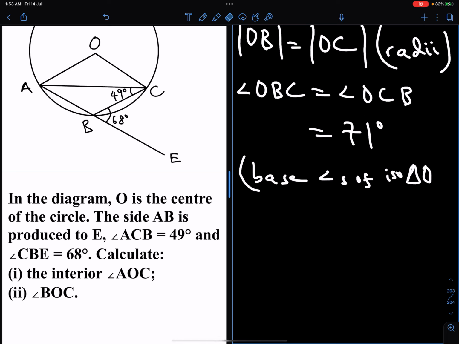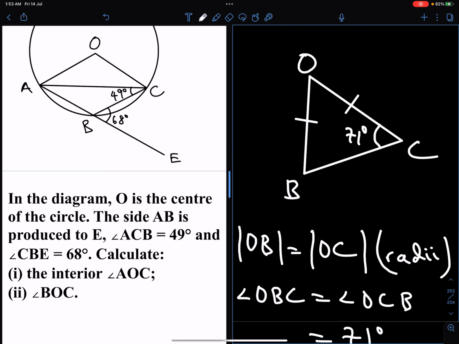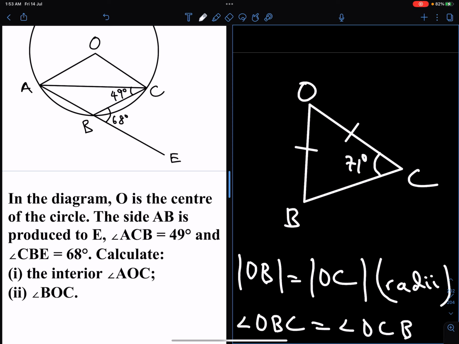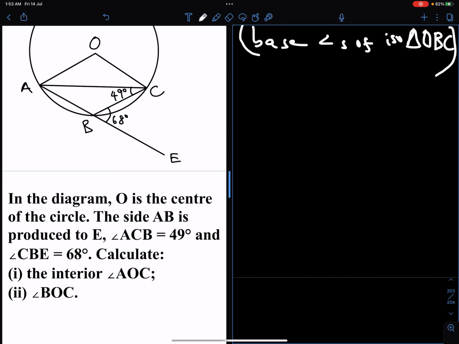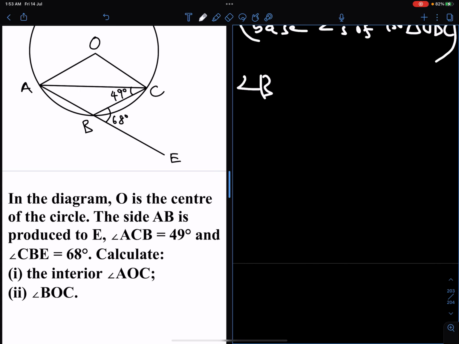So if I know that, that means this is also 71 degrees. And I can now find BOC. So angle BOC plus 71 plus 71 equals 180 degrees.